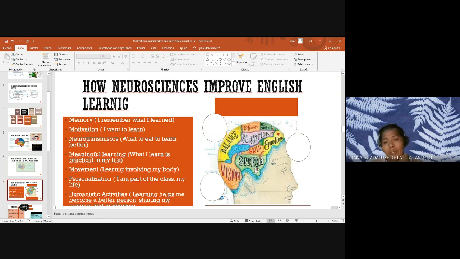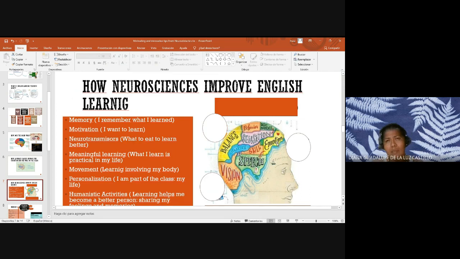If we work with visual aids, we will fortify memory, vision, emotion, and speech. If students move, we will fortify this area that says basic movements, skill, and speech. If students touch, they will fortify this area that says sensation, but also emotion.